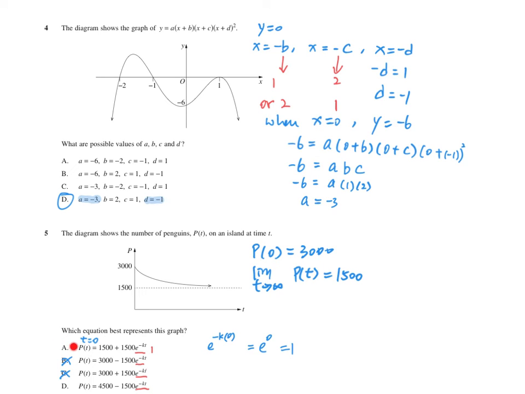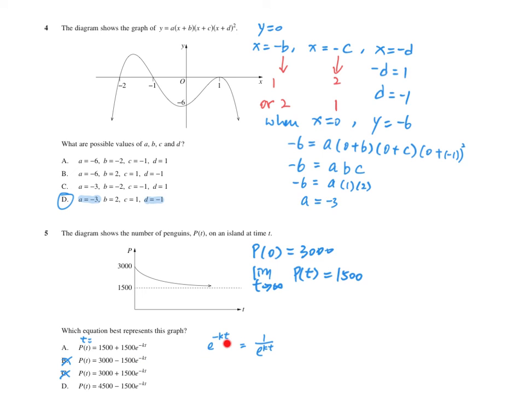Now we only have choices A and D that can be the correct answer. We have to check what happens when t tends to infinity. We want the function value to go to 1500 when t goes to infinity. Again, we only have to take a look at the e to the power minus kt.